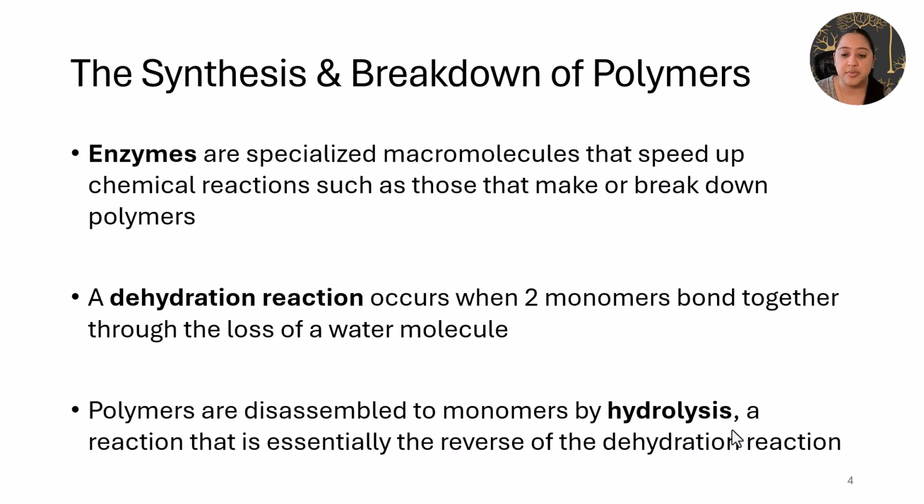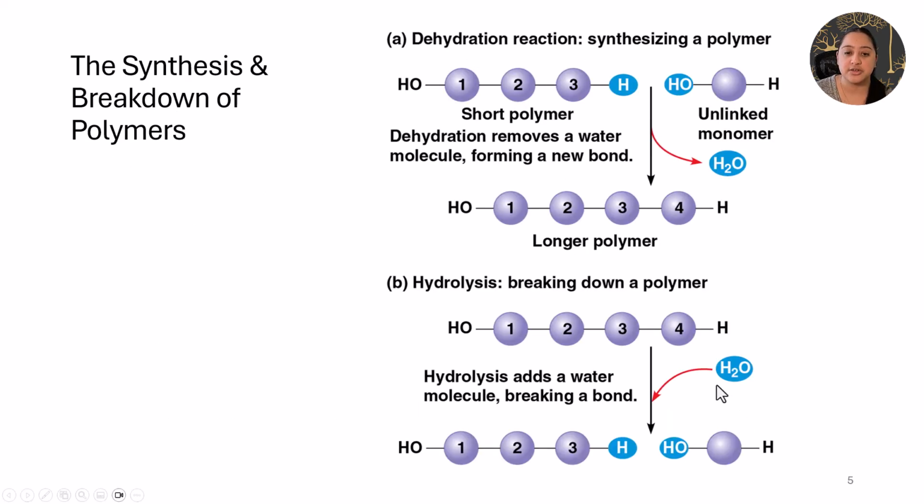If we go back to the picture, hydrolysis is breaking down a polymer. If you add a water molecule back in, it rearranges and breaks the bond between these two monomers, between the 3 and 4.